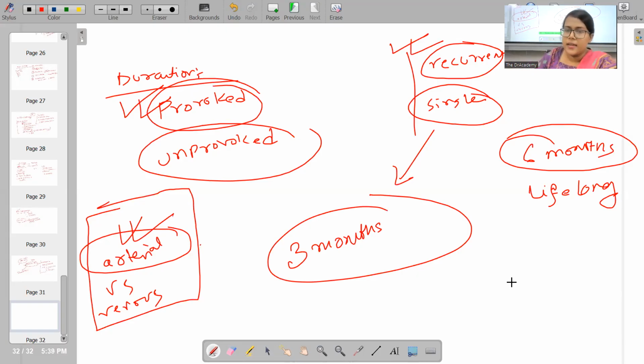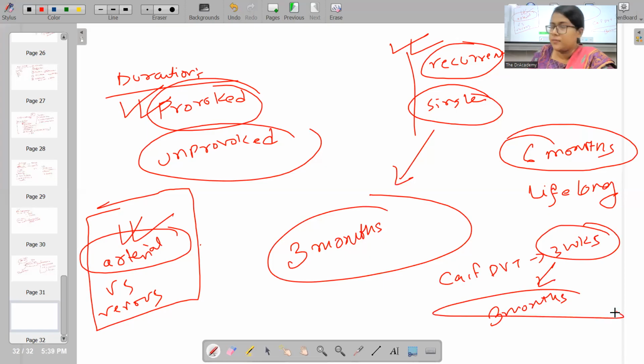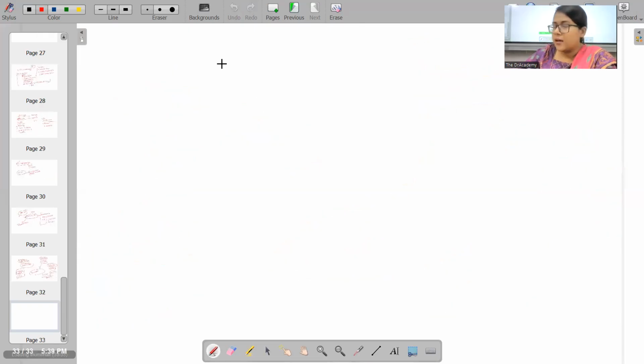Previously in the NICE guideline, I think DVT had only 3 weeks of anticoagulation, but now it has been changed to 3 months of anticoagulation. Actually, when I give you the scenarios, it will become more evident how to take the decision, okay?